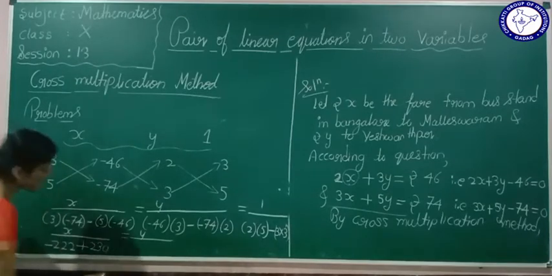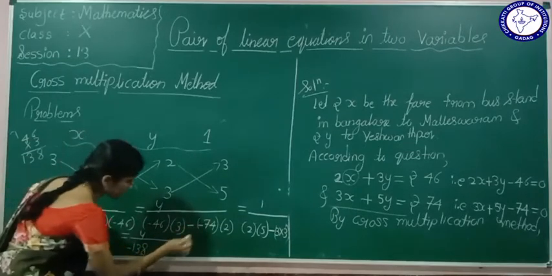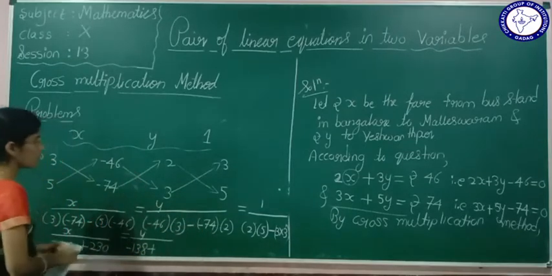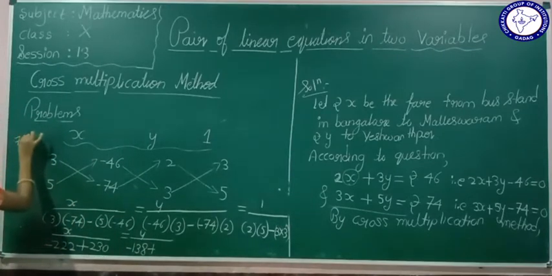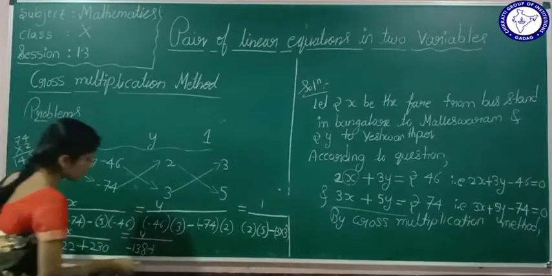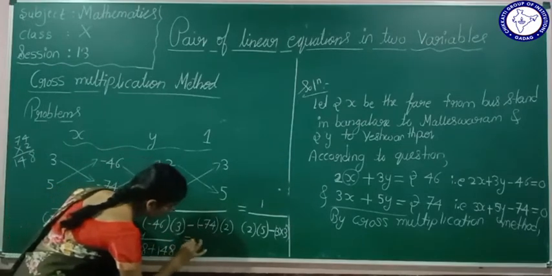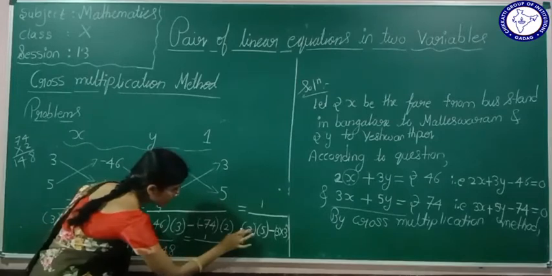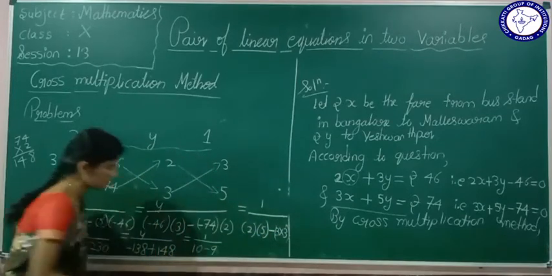It is minus 138. Minus minus is plus. What is 74 2s? 74 2s, 4 2s are 8, 2 7s are 14. It is 148, is equal to 1. 5 2s are 10 minus 3 3s are 9.